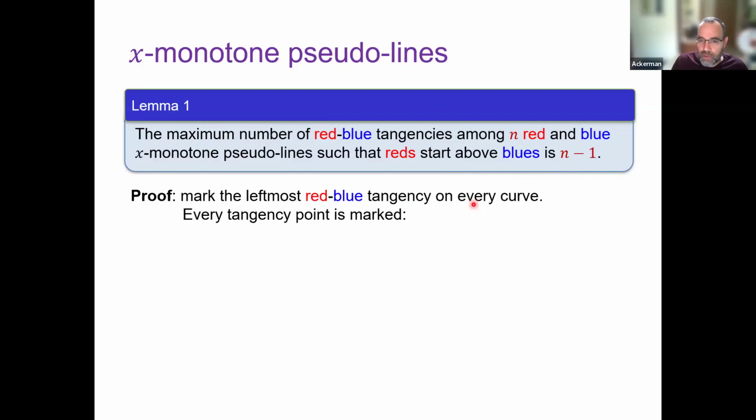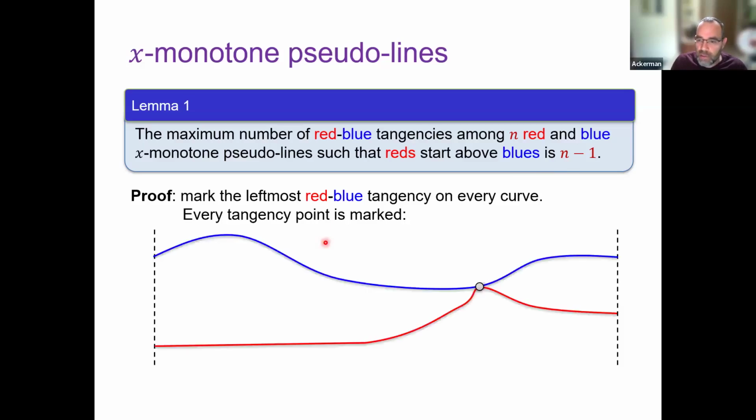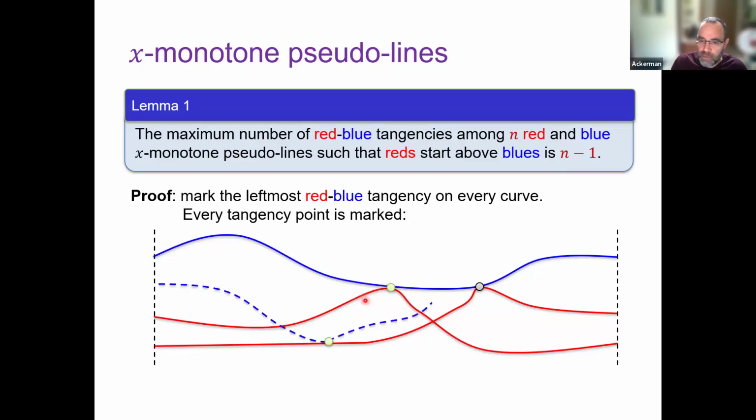Let me show you the proof because it's very easy. So we mark the leftmost red-blue tangency point on every curve, and we claim that every tangency point is marked. Otherwise, if there is a tangency point which is not marked, so it's not the leftmost on either of them, there has to be a tangency point here of the blue curve with another red curve, and there has to be, maybe here or here, a tangency point of another blue curve with our red curve.